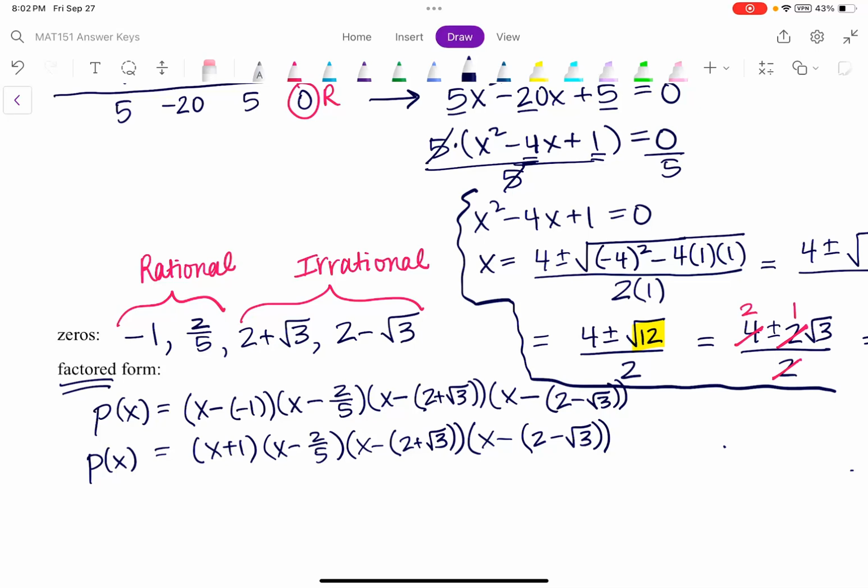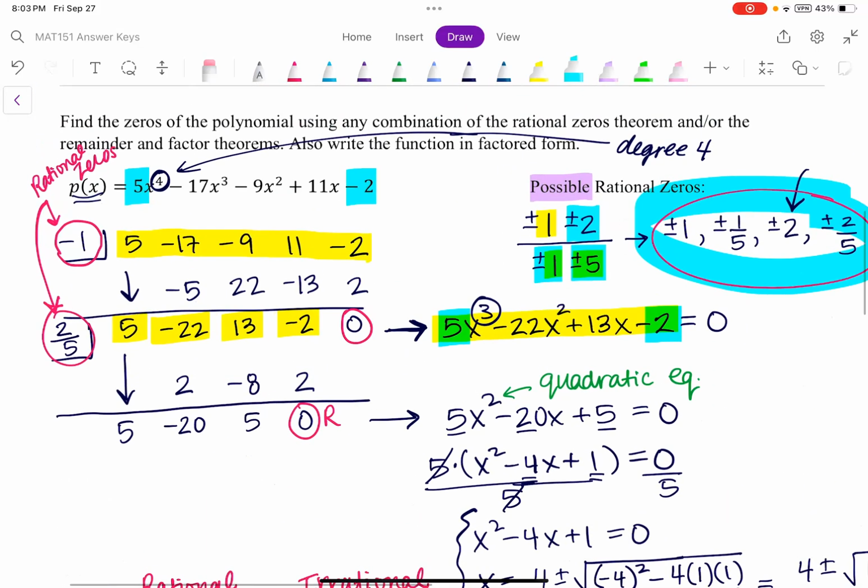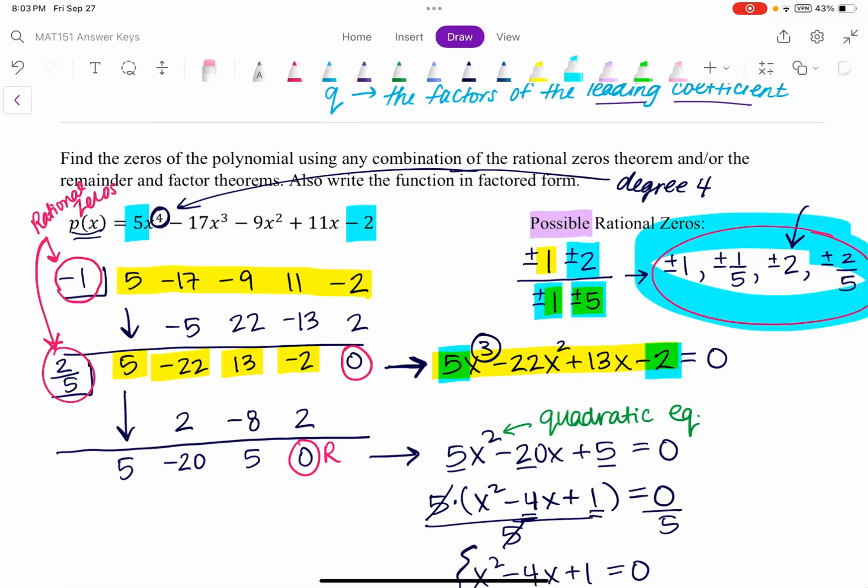Now, the last thing to check before we're done here is we want to make sure that the leading coefficient matches. So the leading coefficient out here right now is a 1. I don't even have it written. Let's go back and look at the original problem. What was the leading coefficient in the beginning? Notice that this polynomial had a leading coefficient of a 5.